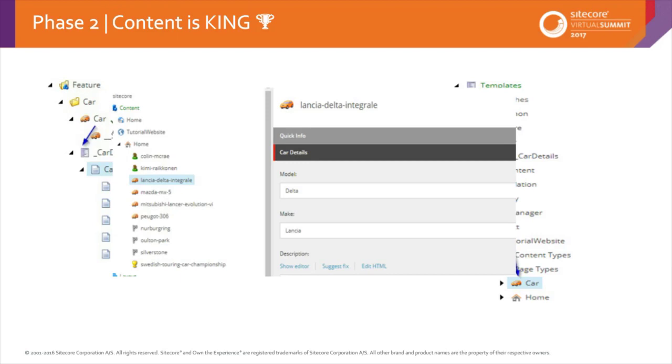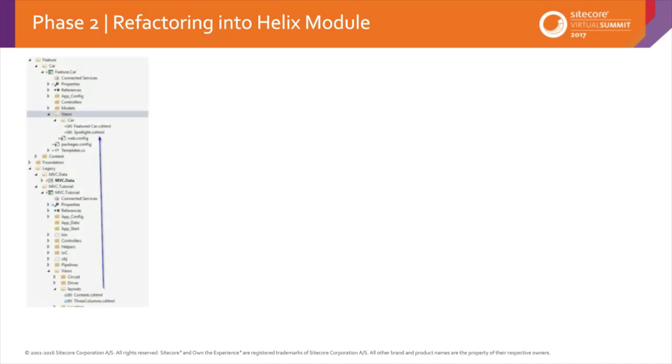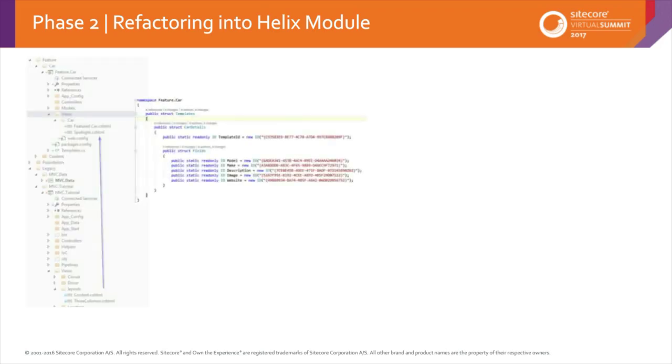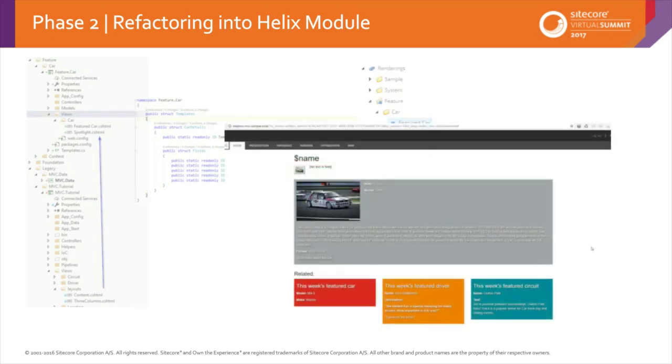So within the code, I created a new feature module, car, in Visual Studio, moved the view renderings, made the code a little bit more pretty, moved the model definition item within Sitecore, moved the rendering items, and verified that everything still works, and it did.